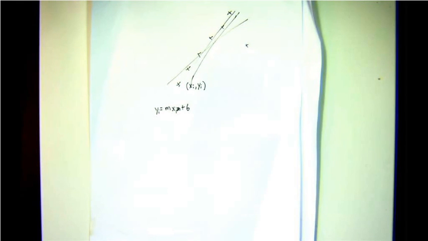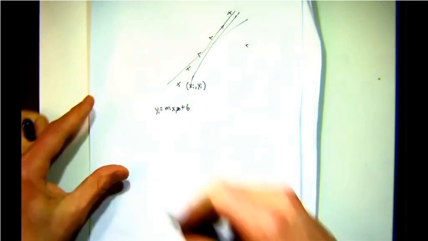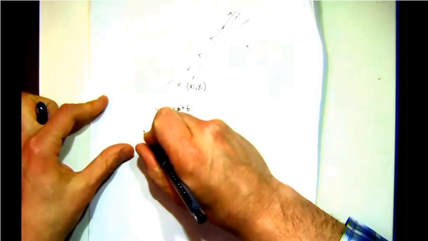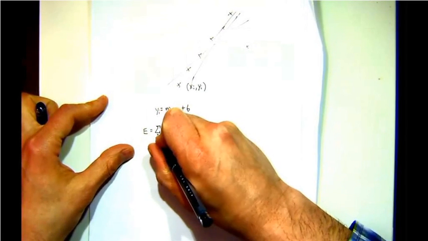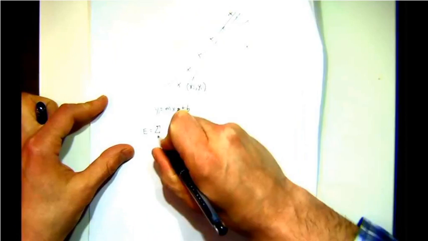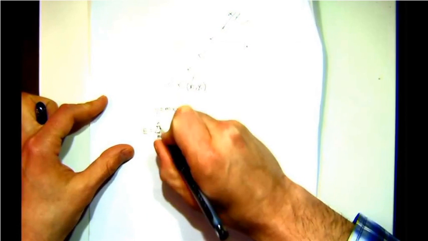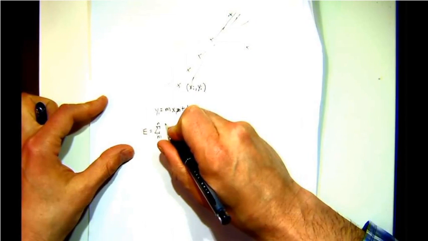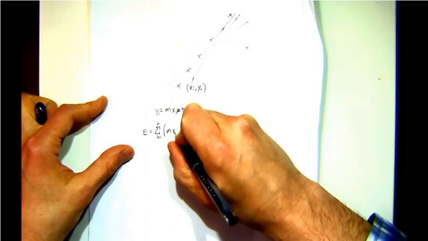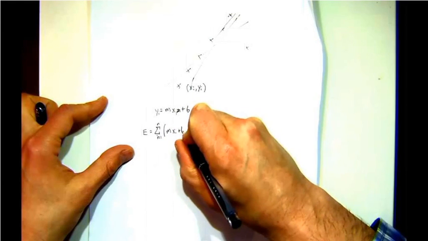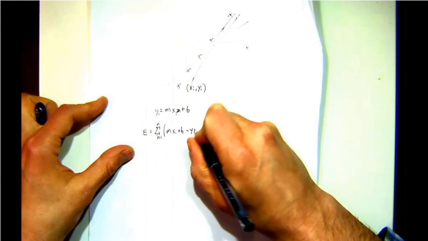Now if I've got a set of points, then my error is the sum over all the points, i equals 1 to n, of (mxi plus b minus yi), squared.